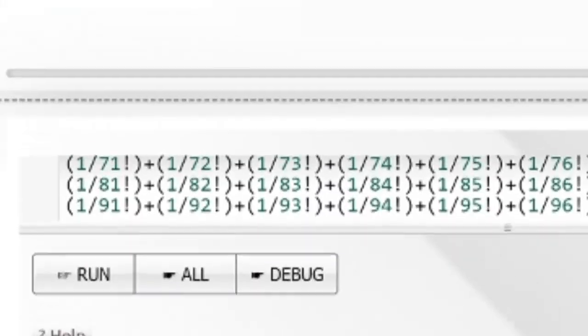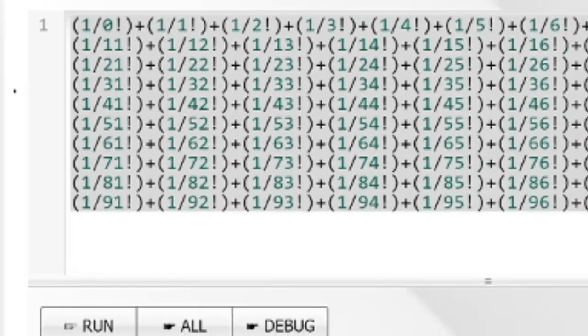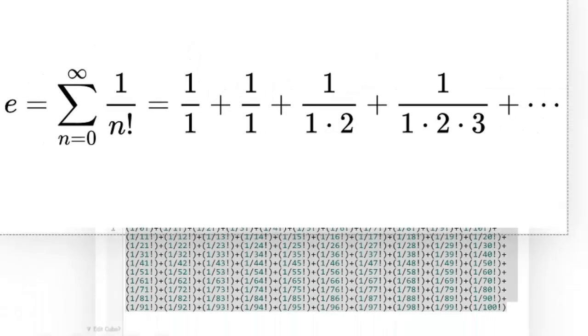Now this again demonstrates the ability of ZCubes to handle a variety of series and infinite series and decimal places with a high amount of precision and so forth.